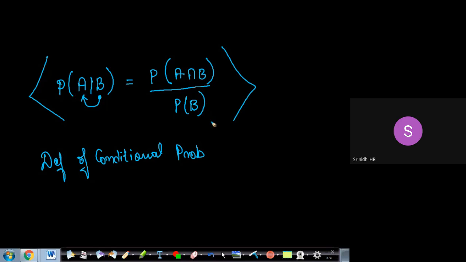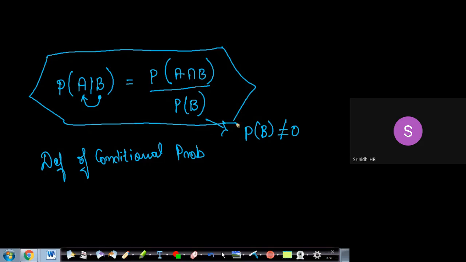Given this, what is your basic condition? Your probability of B should not be equal to 0. If it is equal to 0, it does not make sense. So did you understand this? This is the main definition of conditional probability. I'll read it once again.